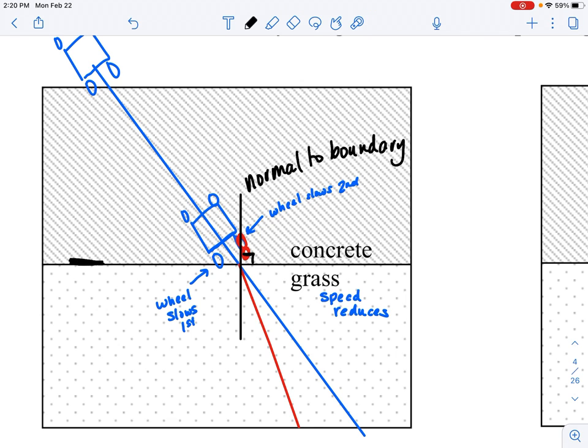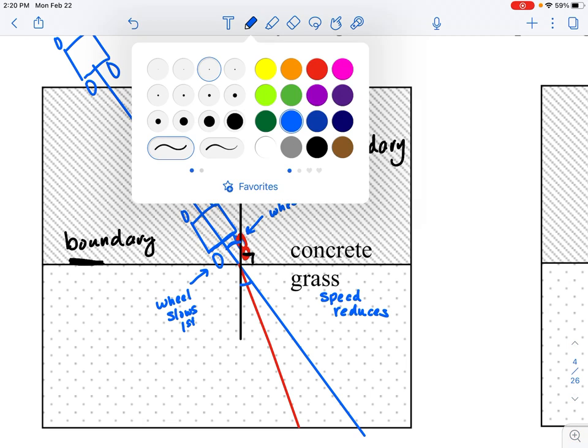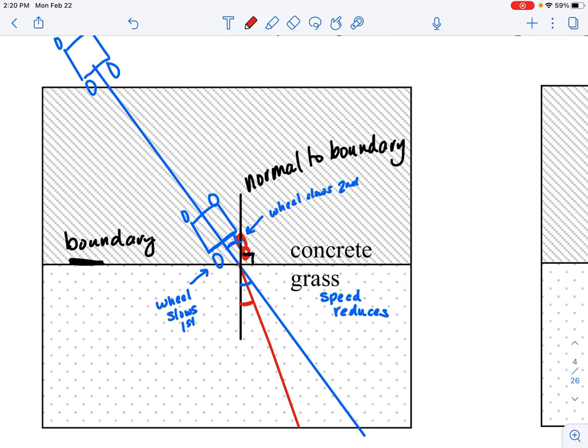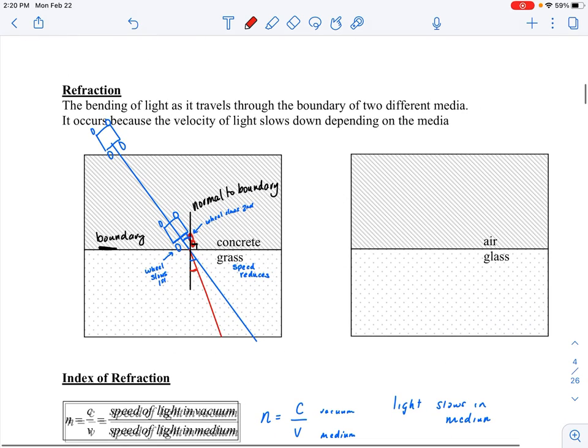This line here is called the boundary between the concrete and the grass, pardon me. And our initial angle is bigger than our final angle. And indeed, this is what we see happens.